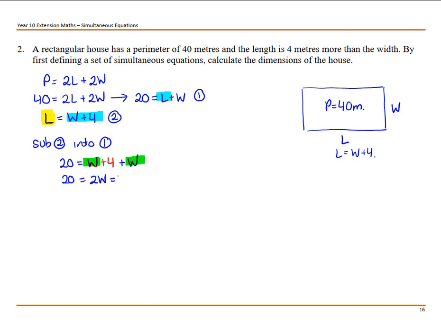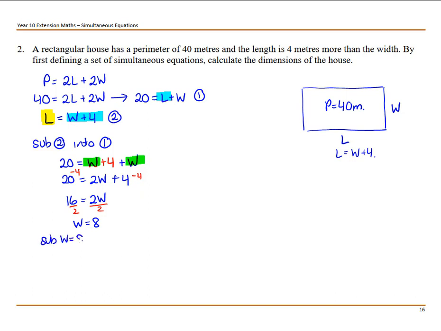So 20 equals 2W plus 4. Take 4 from both sides. 16 equals 2W. Divide both sides by 2. So W equals 8.